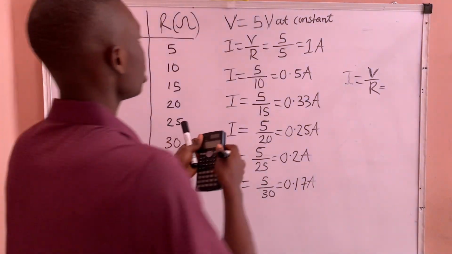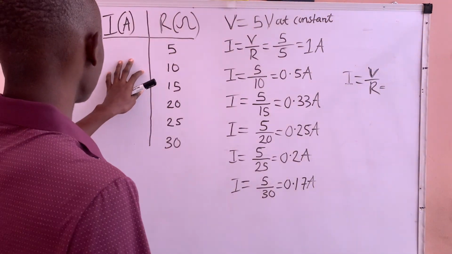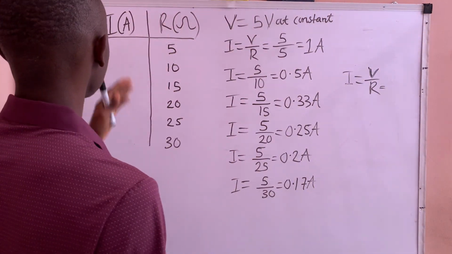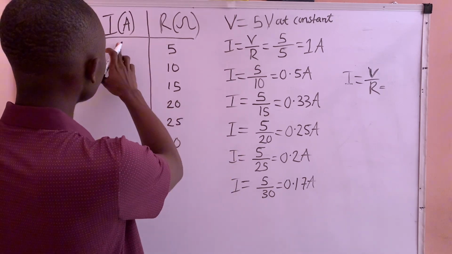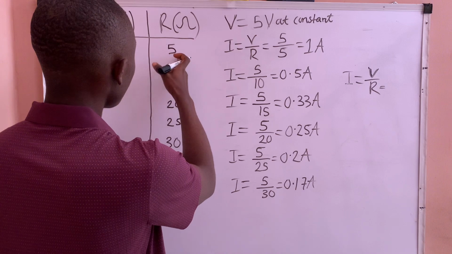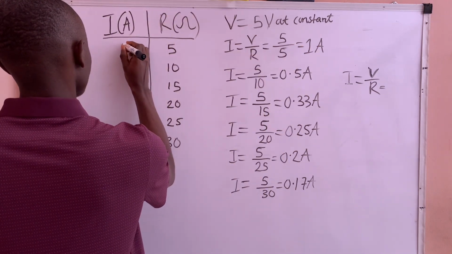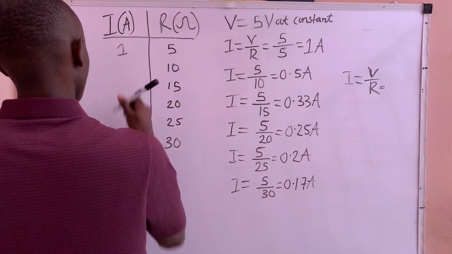So now let us input the value of current on this table. For the first one, when we increase the value of resistance by 5, our current was 1 amp.